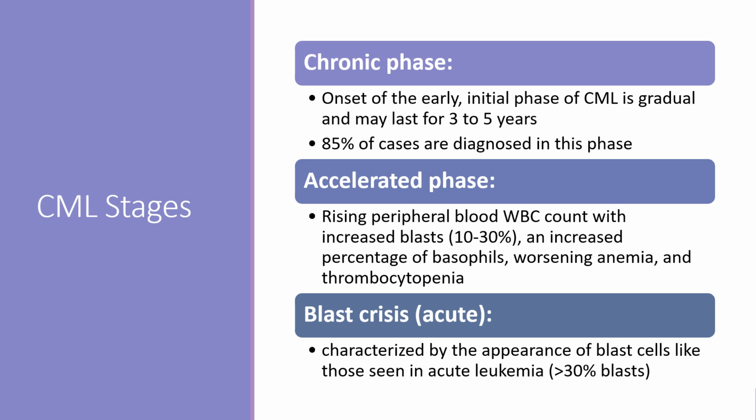And really what we're going to be looking for is that Philadelphia chromosome through cytogenetic testing, and that can help aid in the differentiation. The higher the percentage of blasts that we see, the worse the prognosis. And a lot of times this actually does transition into an AML. We just have to monitor it, and if we see an increase in blasts or blasts in circulation, obviously we would need to determine if this is now in a blast crisis.